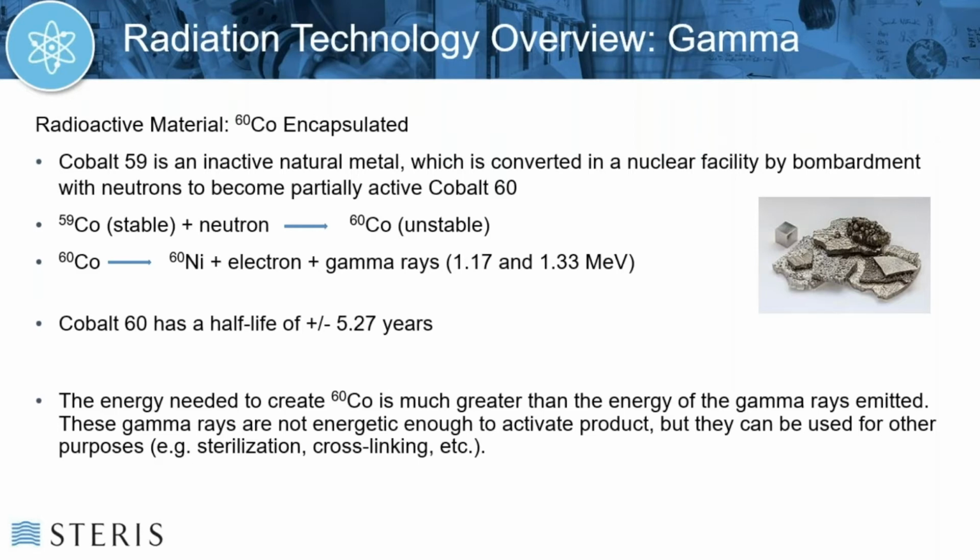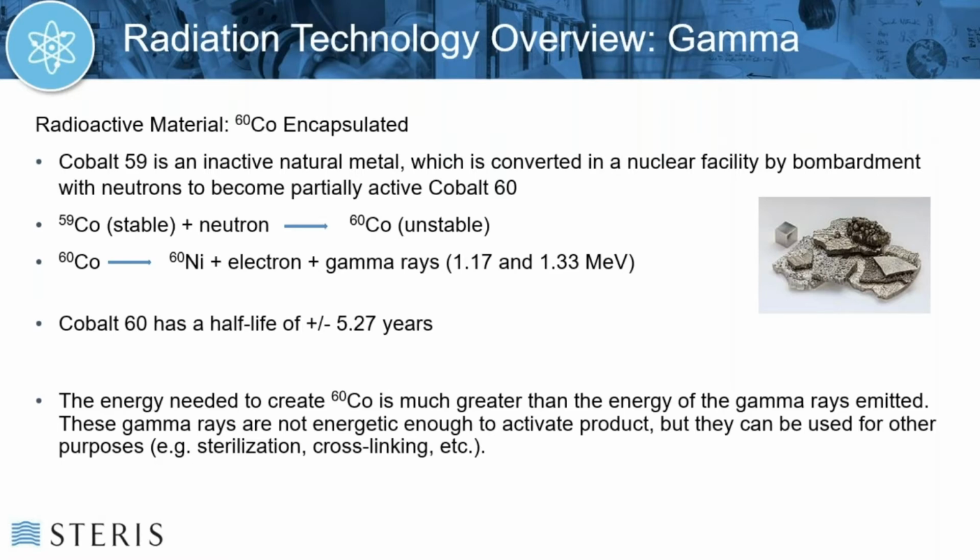Small slugs are placed into a nuclear power reactor where they stay for a limited period of time, sometimes 18 to 24 months, depending on the neutron flux at that location. While the slugs are in the reactor, the cobalt-59 atom absorbs a single neutron, and that makes it become cobalt-60. Over time, the ratio of cobalt-60 to cobalt-59 increases.